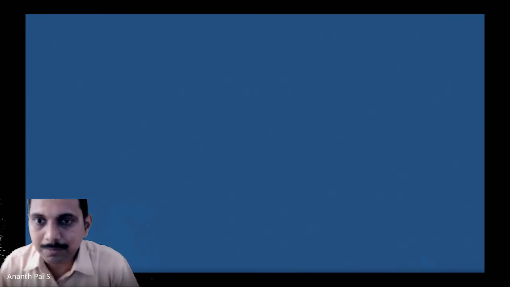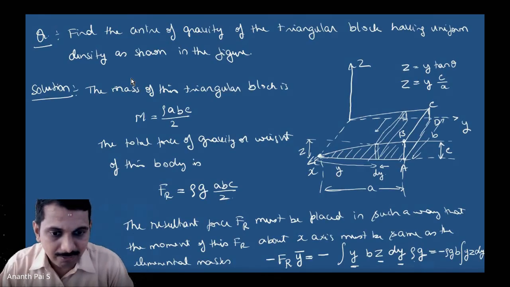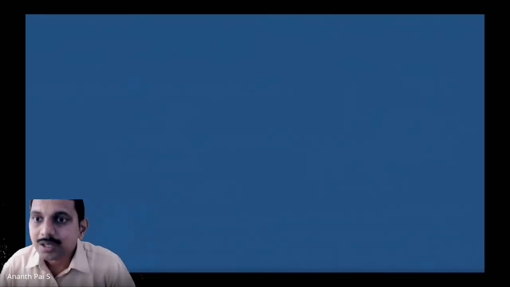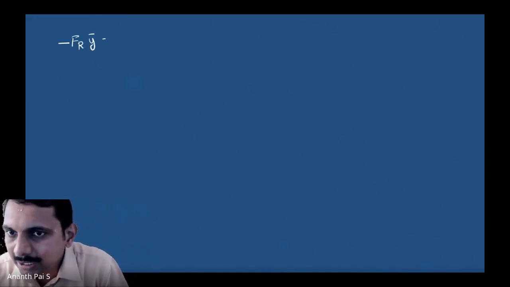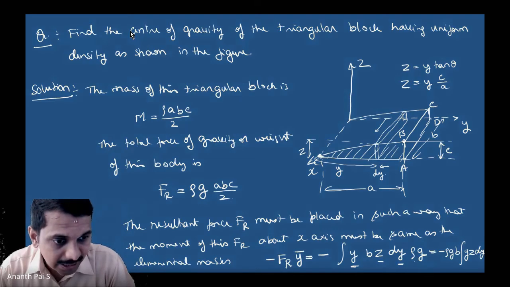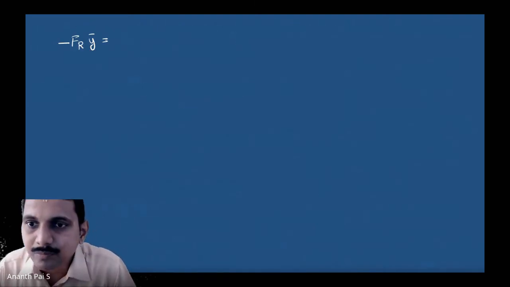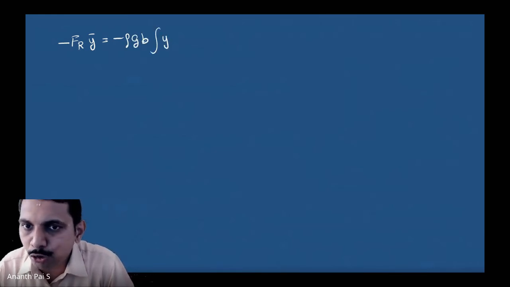You will have this Y bar, or what we had here, minus FR into Y bar was, I will write this again, minus rho GB integration of y z dy, correct?